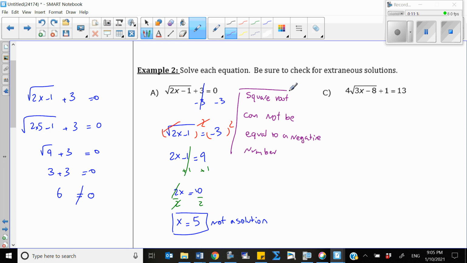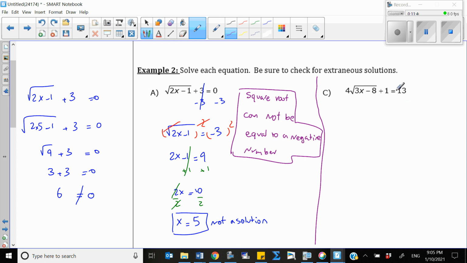So because a square root cannot be equal to a negative number, when I solve this and I get 5, that 5 is not a valid solution. It's an extraneous solution. I could basically stop at this point and say that because the square root of 2x minus 1 cannot be a negative number, we don't have any solution.